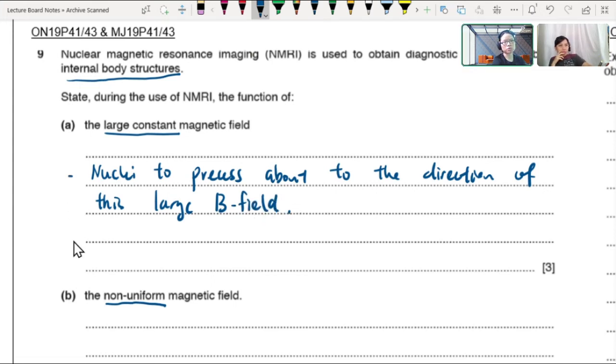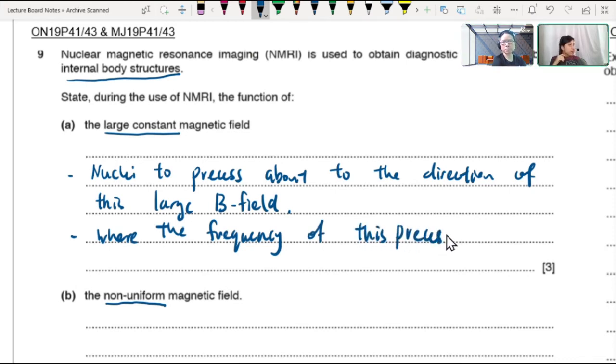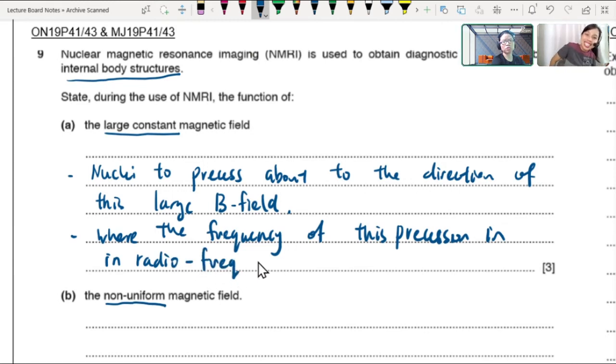Okay, you can also add a point. You can say where the frequency of this precession is in, if you don't know how to spell, our friend Larmor, it's okay, just in the radio frequency range. All right, so where are the marks?